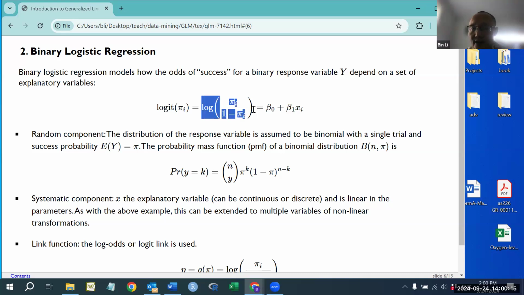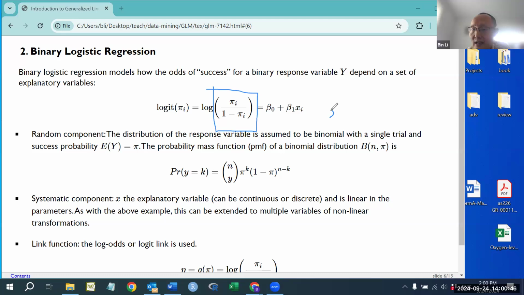But the logit itself is kind of difficult to understand, right? What is logit? It's the log odds. A better interpretation is to take the exponential, the anti-log, so we can interpret the odds directly.